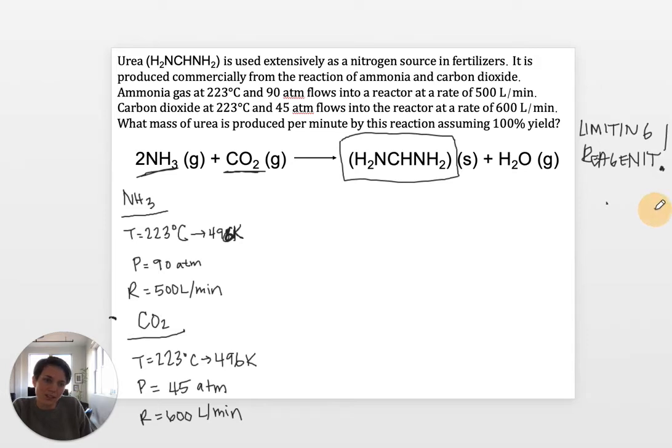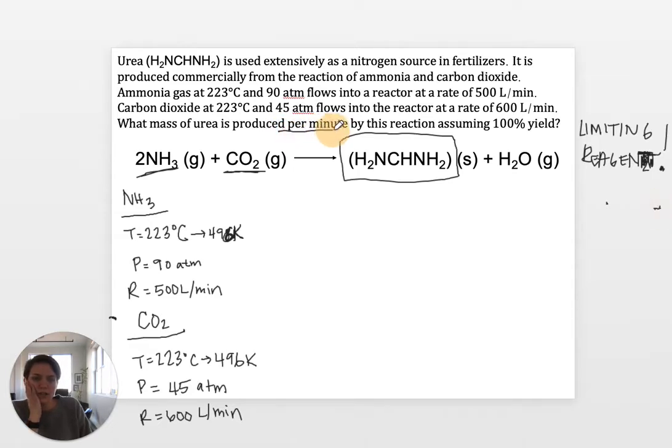Which one is it? We need to figure out what is going to run out first. We have temperature, pressure, and a rate. So let's figure out exactly what we are solving for. What mass of urea is produced per minute by this reaction, assuming 100% yield?